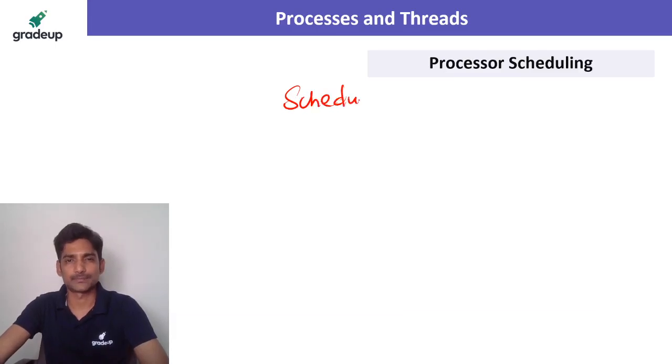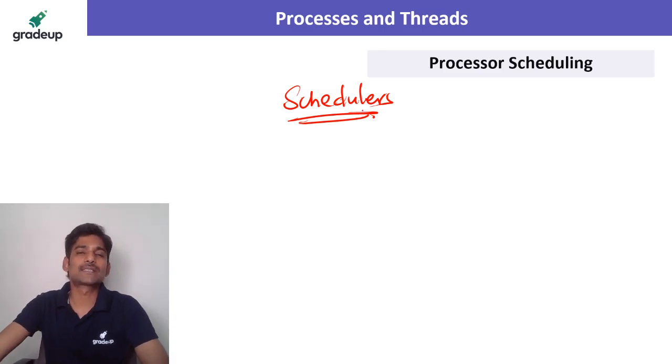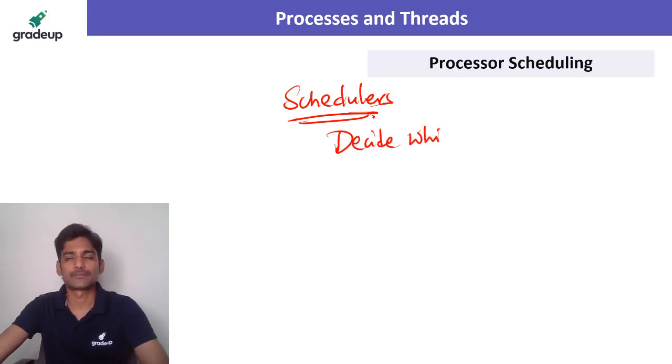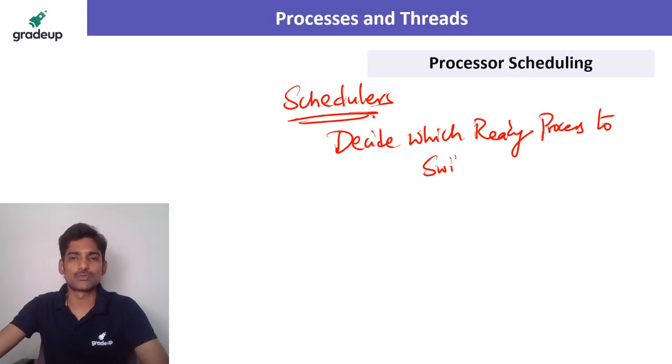Schedulers. What do these schedulers do? They decide which ready process to switch to running state.